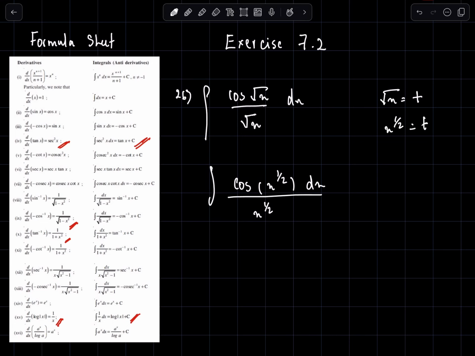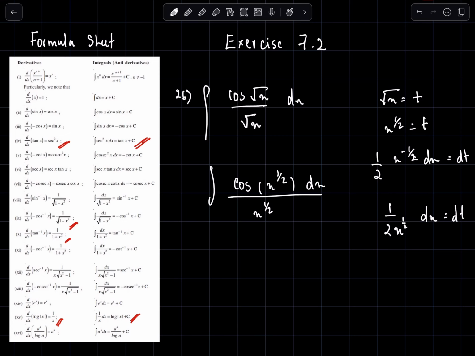Then what does this become? Half of x raised to the power minus half dx is equal to dt, which is basically 1 by 2 x to the power of half dx is equal to dt.